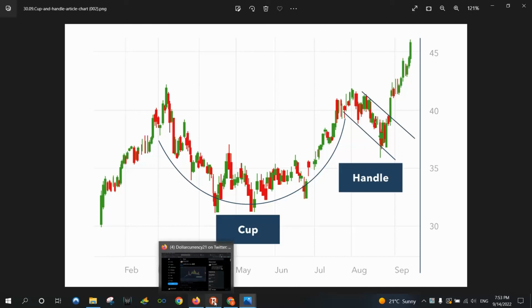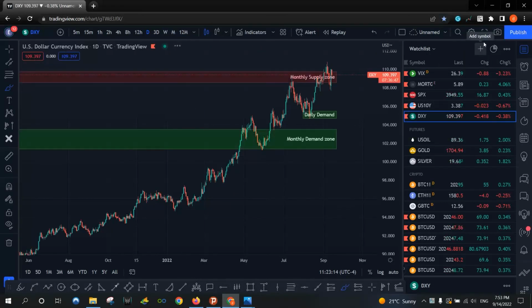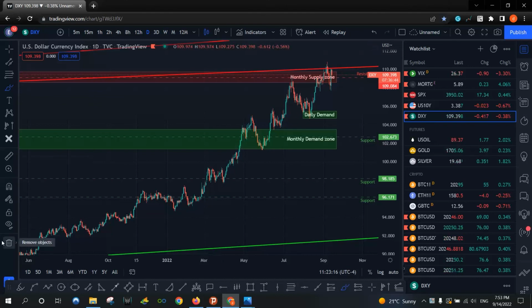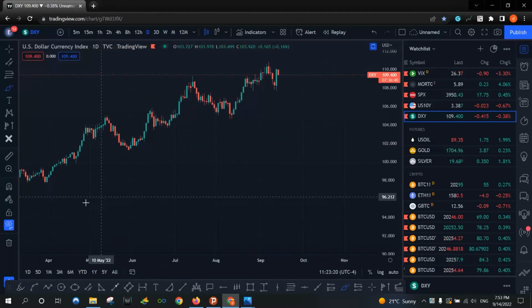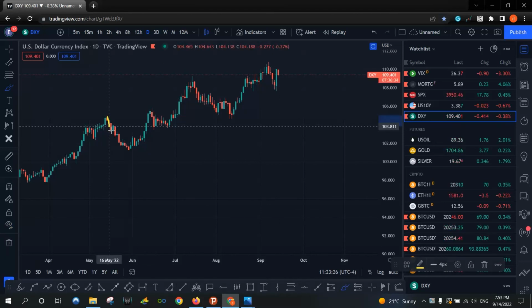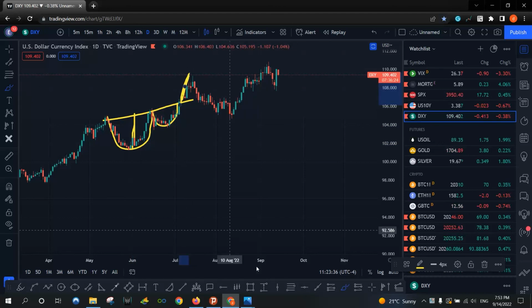I'm gonna show you a beautiful one on the MEXC chart. Let me jump into the daily time frame. For example, here, let me clean the chart for you. Here, as you can see, we have a cup, we have a handle. This is a neckline. This distance from here to here is equal to the distance from the handle to the end.